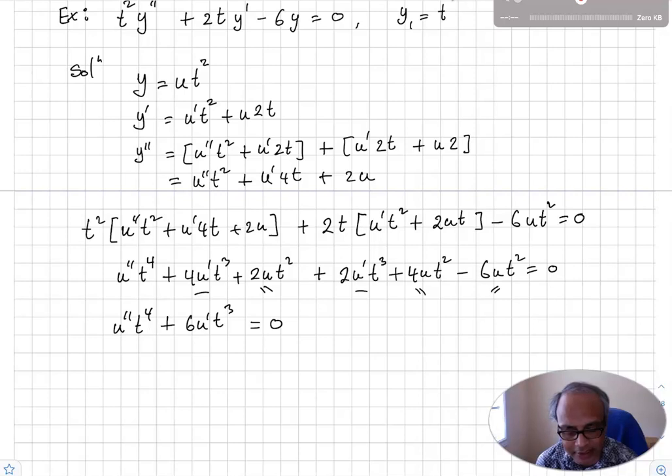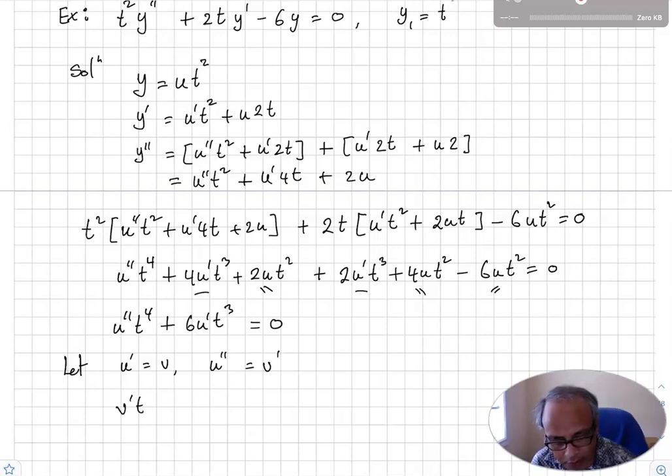Now I have a second order differential equation which is separable, but it is a good idea to do a second substitution. So you set u prime equals v, then u double prime equals v prime, then v prime t to the 4 plus 6v t cube equal to 0, right?